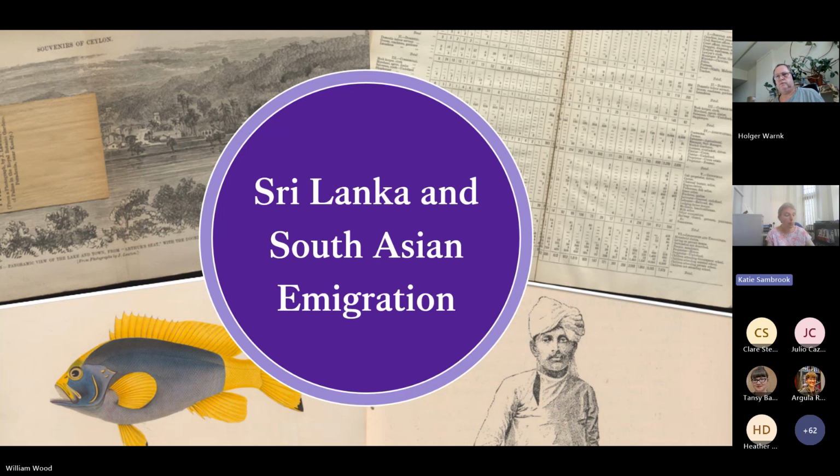And the table at the top right is from a detailed demographic study made of South Asian emigration in 1893. This table gives a breakdown of the occupations held by second-generation South Asian immigrants to Trinidad at that date. Next slide, please.